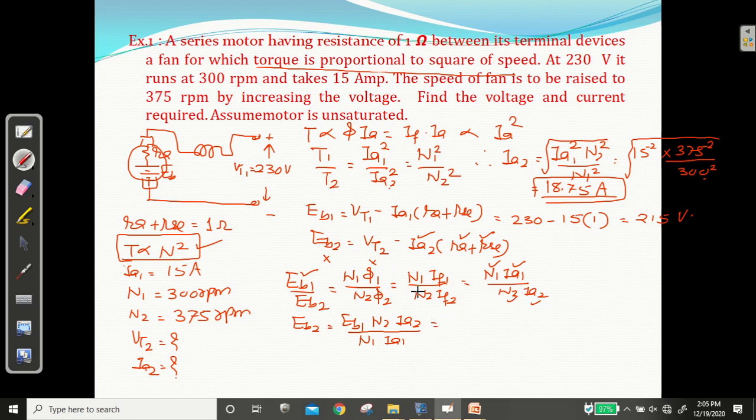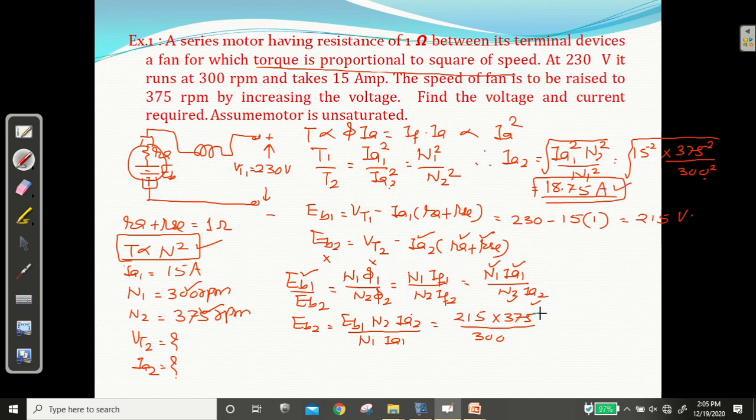So EB1 is known, 215. N2 is given 375. N1 is known, 300.